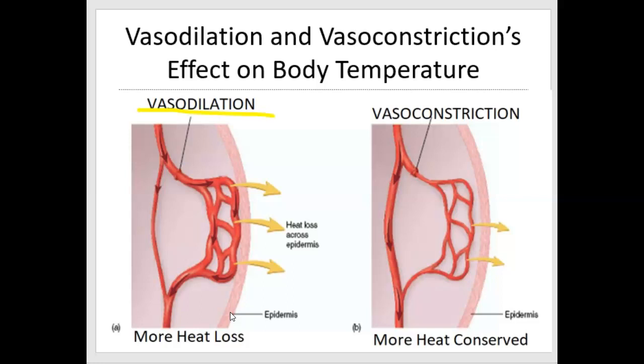And the reason that evaporation, or I should say radiation, occurs is because there is a temperature gradient between the blood and the environment across the skin. So the blood is really hot and the environment is colder. So heat will go from high heat to low heat, just like the radiator in your house, if you have one.